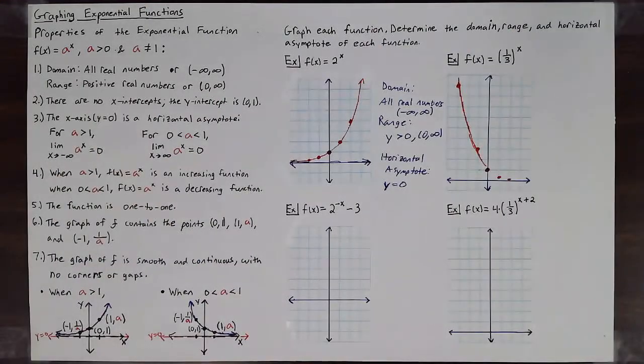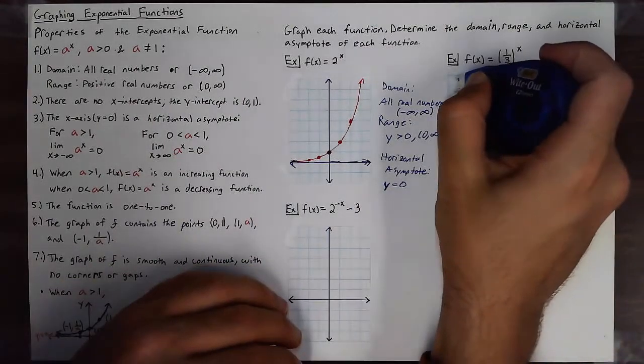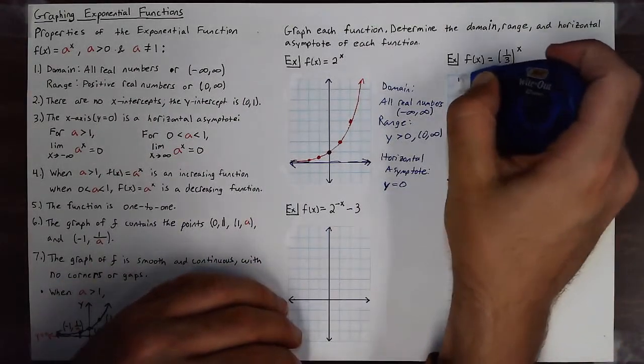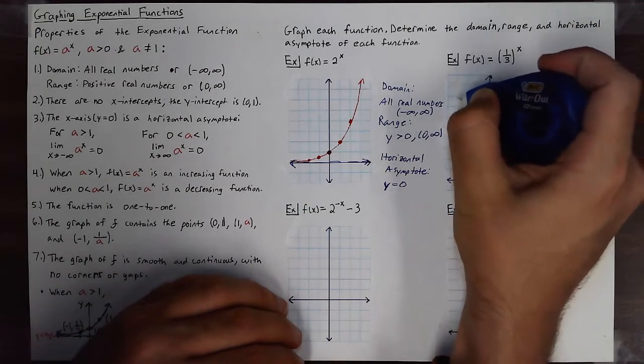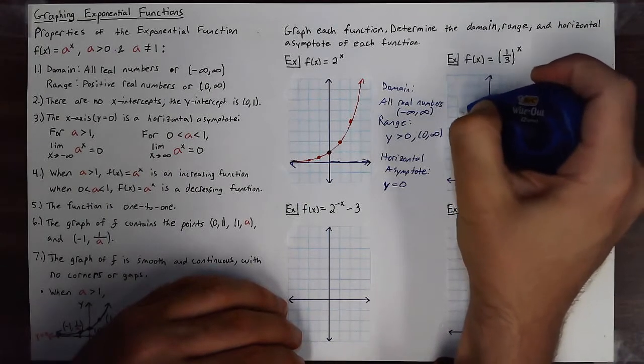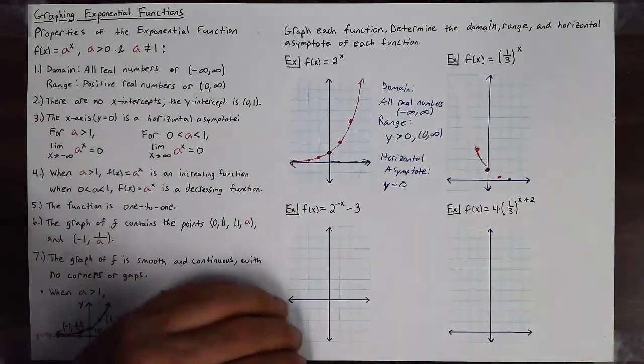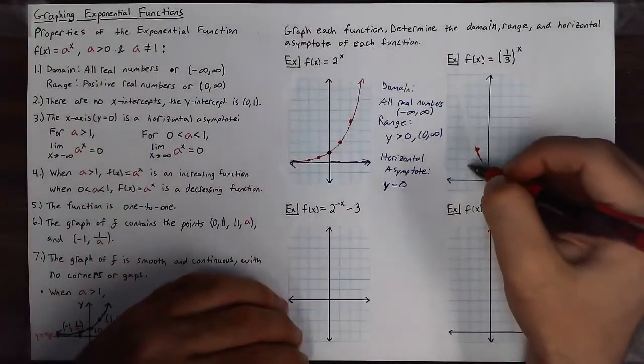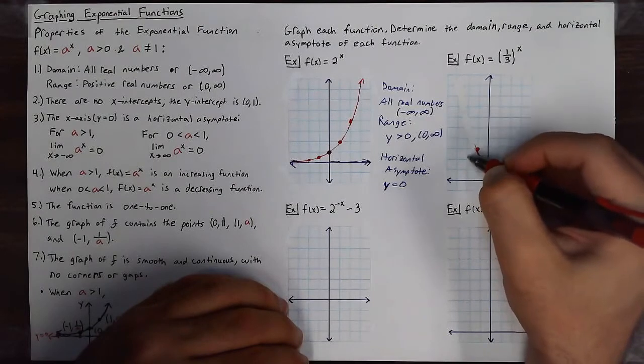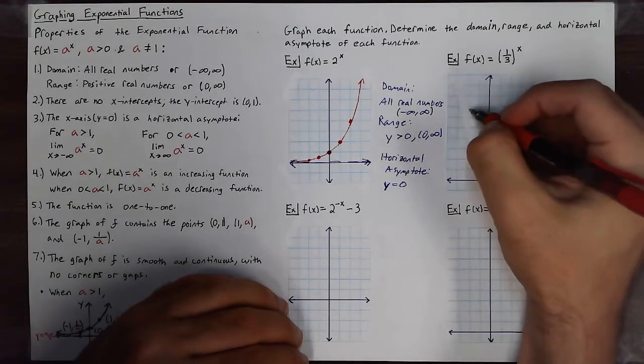I'm noticing a small mistake I made. I counted -3 instead of -2. So I'm just going to fix that real quick. So at -2, it goes up to 1, 2, 3, 4, 5, 6, 7, 8, 9.